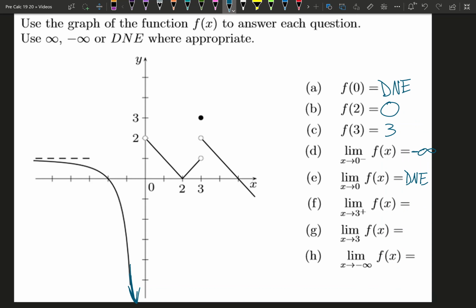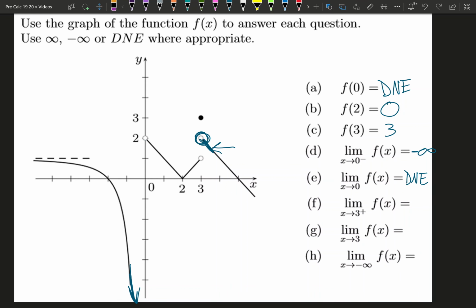Now, let's take a look at these same values with 3. So our limit as x approaches 3 from the right, that's what f is talking about here. So we find the function. We're approaching from the right. So we follow along, and the function would be going towards this y value of 2.